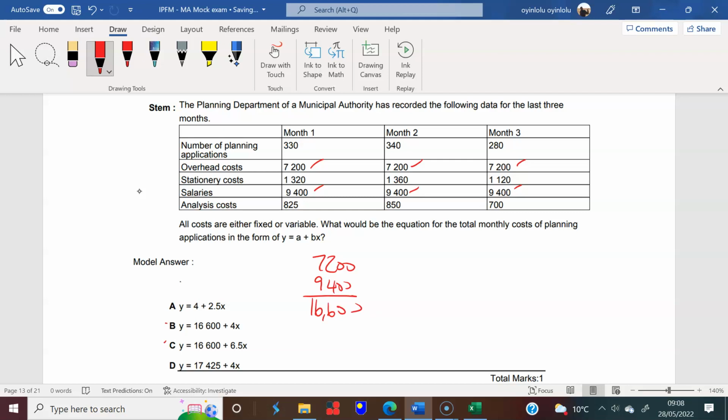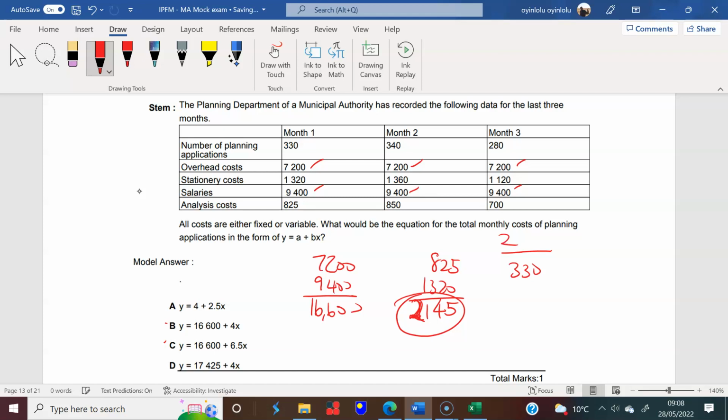That's the first point. The question is, what is my variable cost? It tells me in the question that it's either fixed or variable, so I can just add those together. 825 plus 1,320 as a variable cost. That gives 2,145 for 330 units.